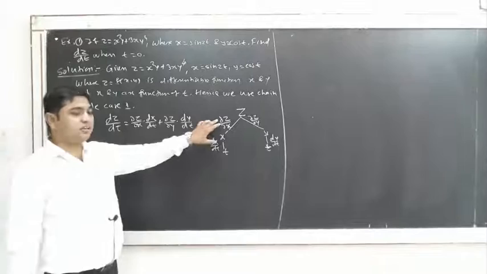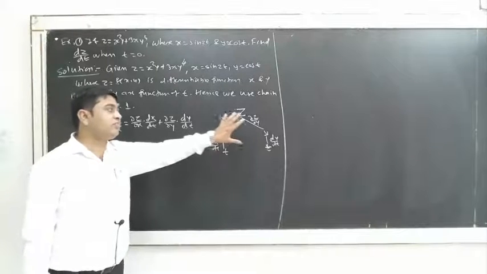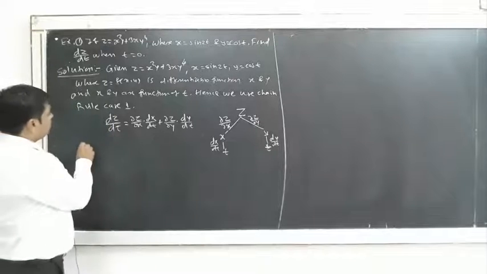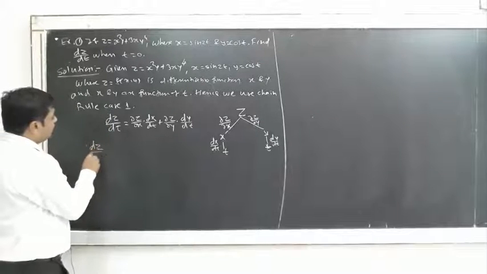So this is very important: you take the products along each path and add them.